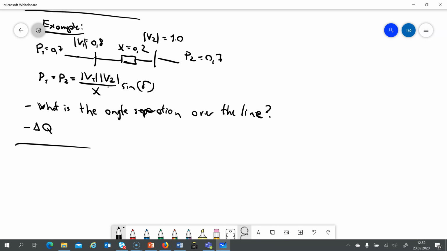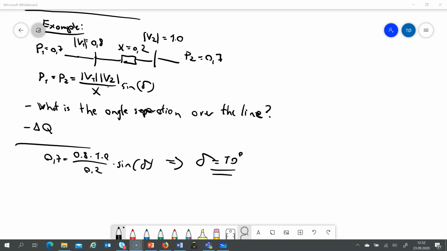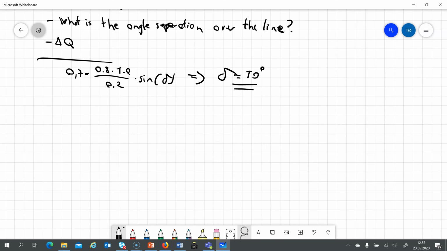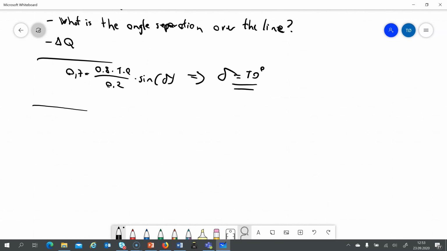Then we can just use the equation above, and we have 0.7 equal to 0.8 times 1 per unit divided on 0.2 times sine delta. And this gives a delta of approximately 10 degrees. So that was the first one. Let's calculate the reactive power. We calculate for Q1.